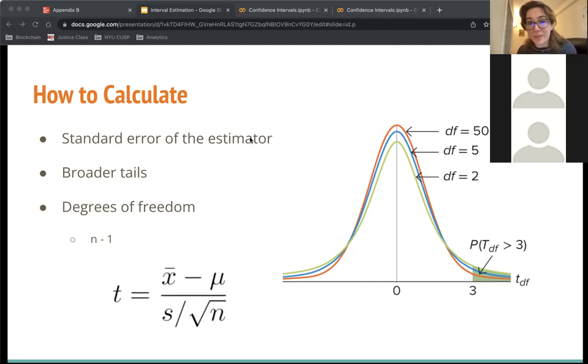And the way degrees of freedom is calculated is just taking the number of observations, or N, and subtracting 1 from it. I'll soon get into why we do that. But if you just wanted to know how do I calculate it, you just take n minus 1, and that's the degrees of freedom. And the t-distribution is defined by the degrees of freedom used.